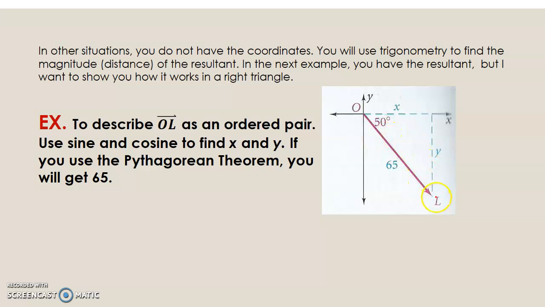Sometimes you do not have the points. I've got 0, 0 here, but I don't have the points. So if they want you to describe OL as an ordered pair, you will use the sine and the cosine. Because you've got to find your x and your y. Don't forget your x is the cosine and your y is the sine.